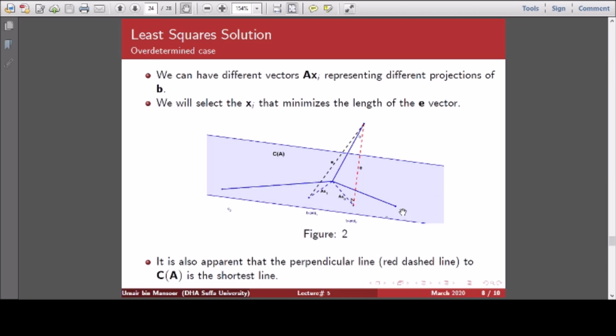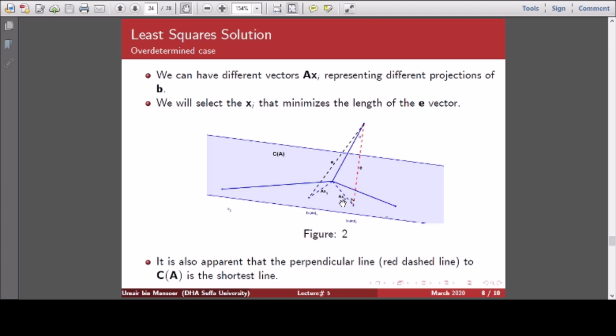That means any vector AX or AXI would be perpendicular to this vector E, which is the smallest length, because this is the only vector which is perpendicular. So we have to select that X that makes this error perpendicular to this vector.